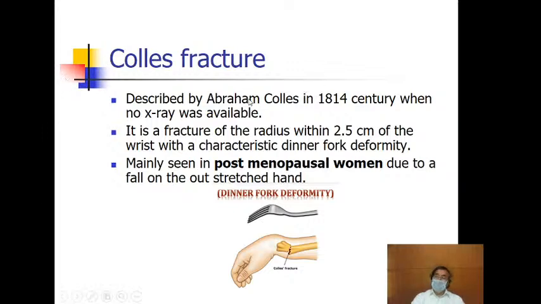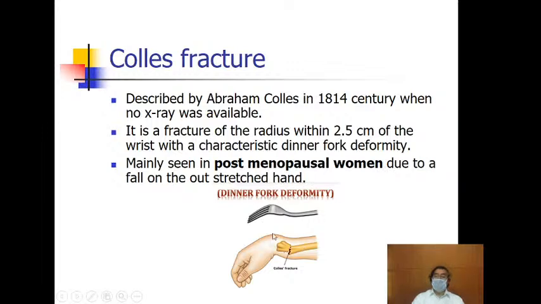So Colles fracture, all of you know, is a distal radial end fracture which is 2.5 centimeters from the joint. It doesn't mean that there may not be intra-articular extension. Definitely there may sometimes be intra-articular extension, and there may be a fracture of the ulnar styloid as well, and it is more common in postmenopausal women.